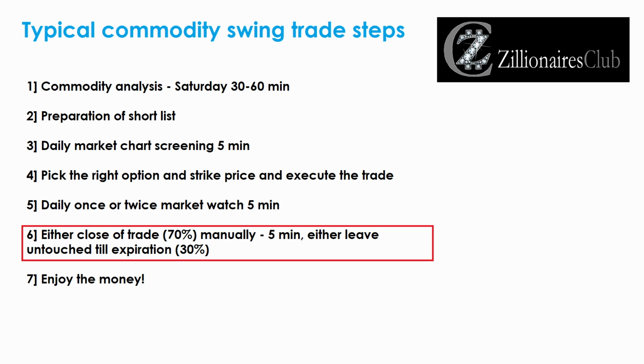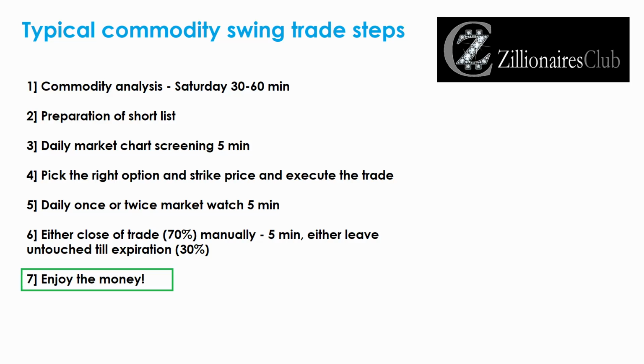In case any of them is reaching the price again, or any of them is reaching the level I want for exiting the trade, it takes again just 5 minutes. It's very easy. And then the next step is obviously the most interesting one, and this is the one where I enjoy the money from the trade.